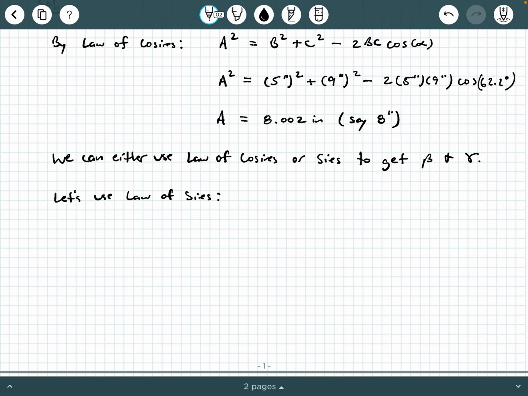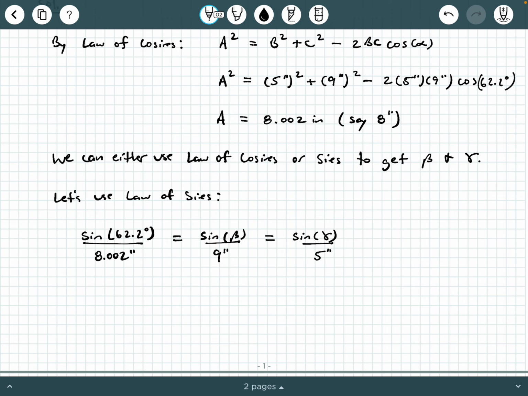And so law of sines says the following. We can take the sine of 62.2 degrees and divide that by that 8.002 inches. And we say that ratio is equal to the sine of beta over 9 inches, and that ratio is equal to the sine of gamma over 5 inches, okay?